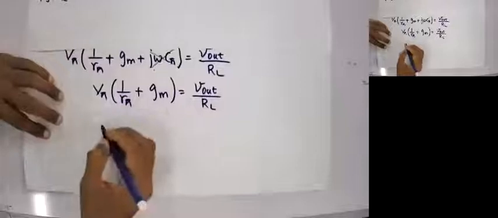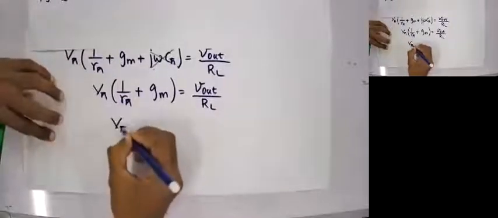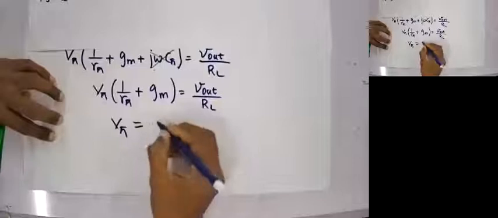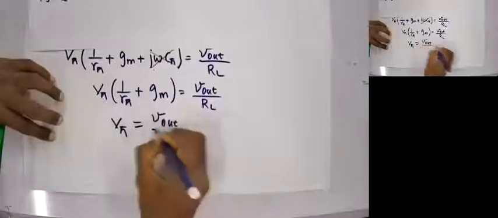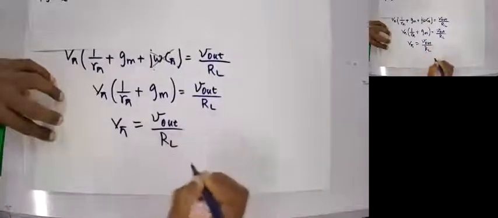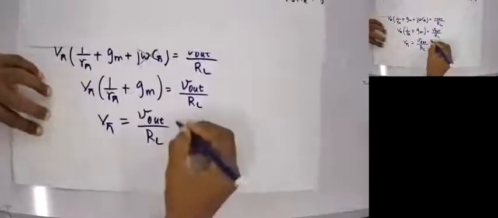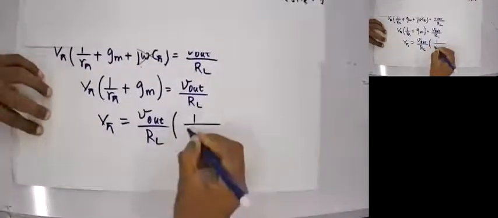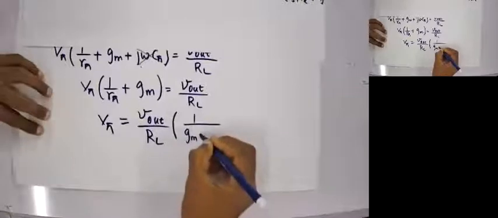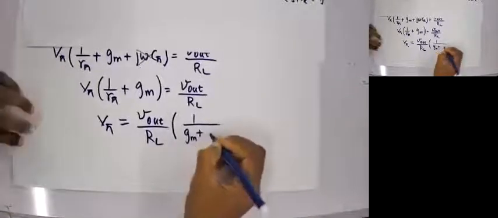So Vs by V out, you can easily get the gain V out by Vs. So now we'll calculate V pi from here, right? I can write it as V pi equals V out divided by RL, into 1 over Gm plus, sorry, 1 over R pi.